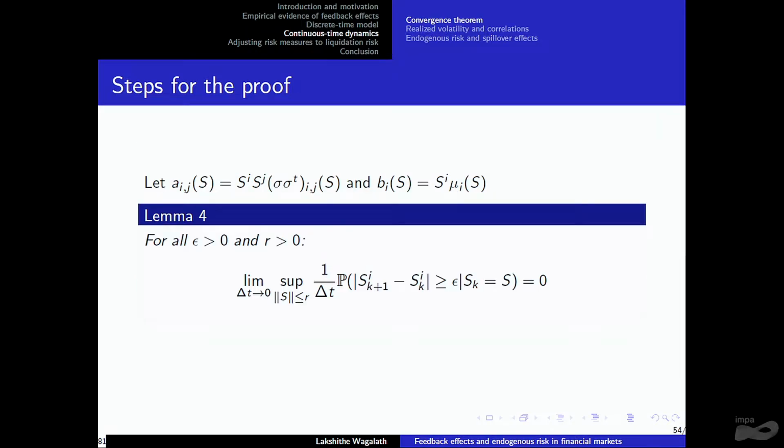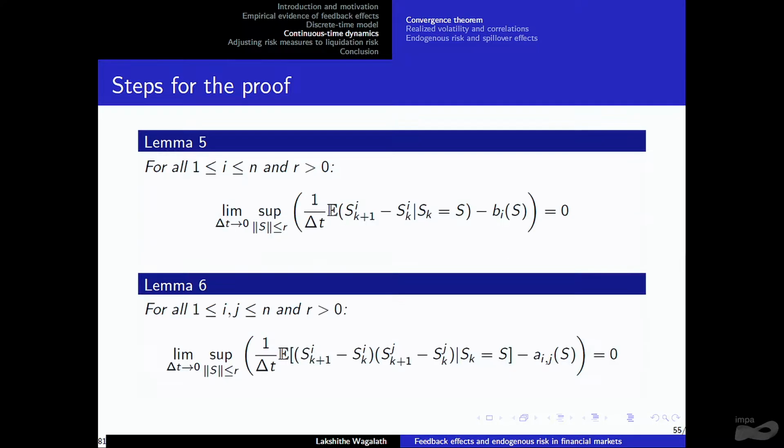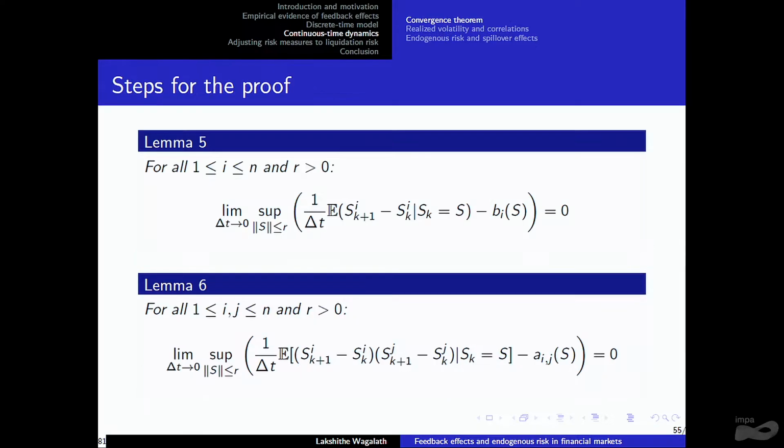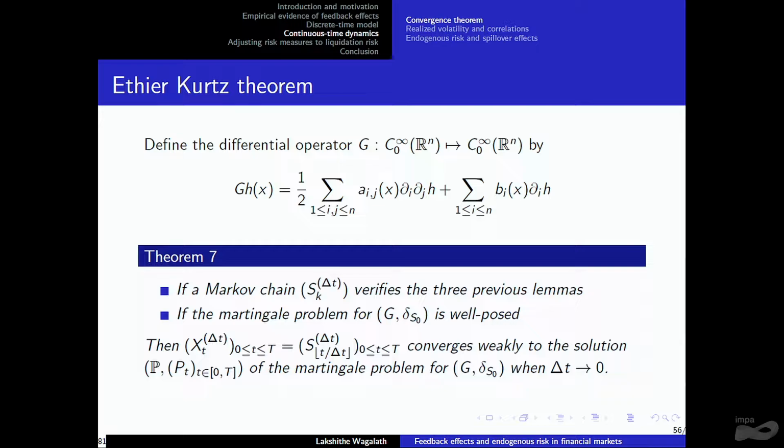And once you follow those 3 lemmas, so lemma 4, 5, and 6, you look at the SDE, which is given by this drift B and this covariance matrix A. And if this SDE has a unique strong solution, then you have a convergence, which is a weak convergence, right?